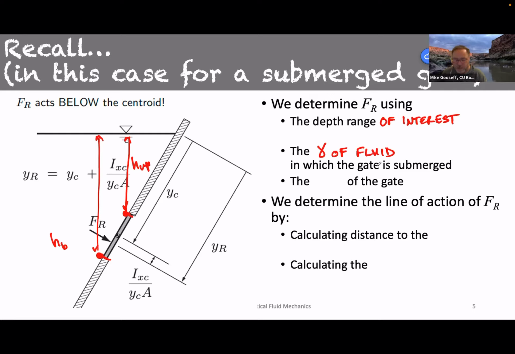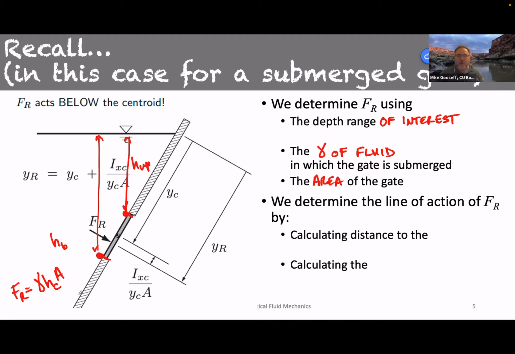In which the gate is submerged, and we also use the area of the gate in this case, right? So we've said that F sub R then is equal to gamma of our fluid times h sub c, which is the depth of the centroid of our shape, multiplied by the area of that gate.